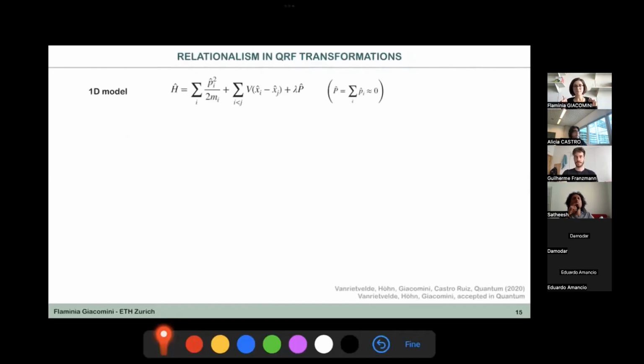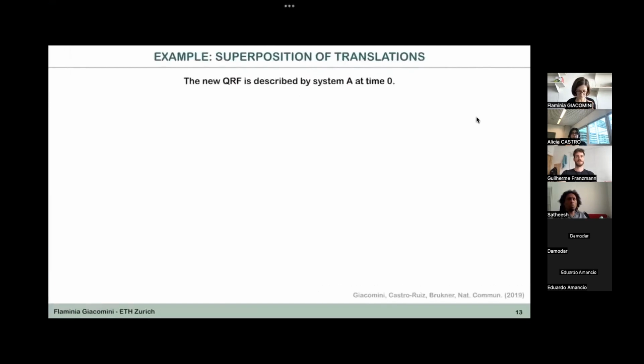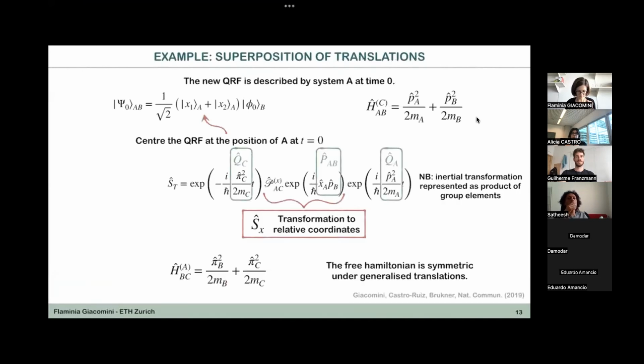Now, I have a question on the previous slide, on slide 13, when you were defining the time-dependent transformations. From my classical intuition, one way that I could think of implementing time-dependent transformations would be, instead of thinking in the Schrödinger picture, to think in the Heisenberg picture.